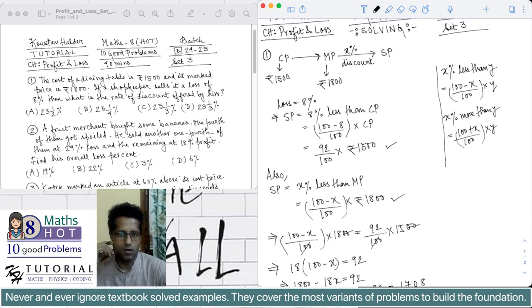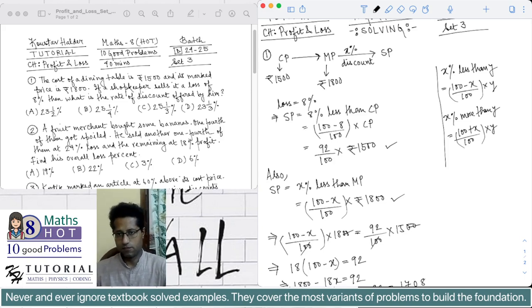The overall loss is 8%. The mark price is given to be 1800. We have to find the discount rate. If there is a loss of 8%, the selling price will be 8% less than the cost price, which is 100 minus 8 divided by 100 multiplied by CP, which is equal to 92 divided by 100 multiplied by 1500. Okay, this is fine.